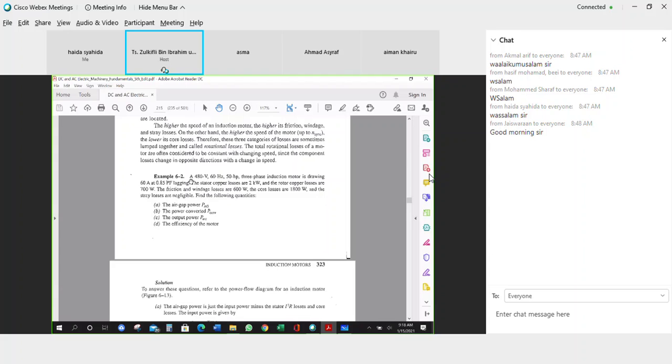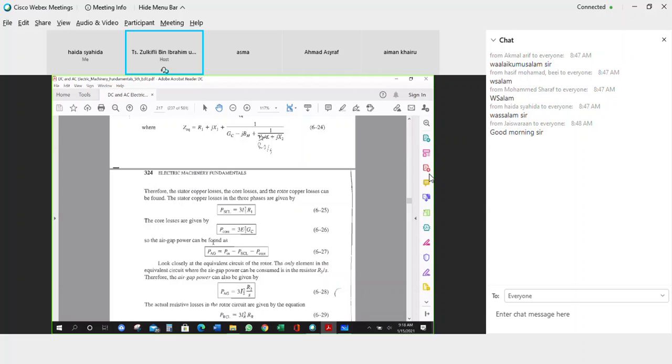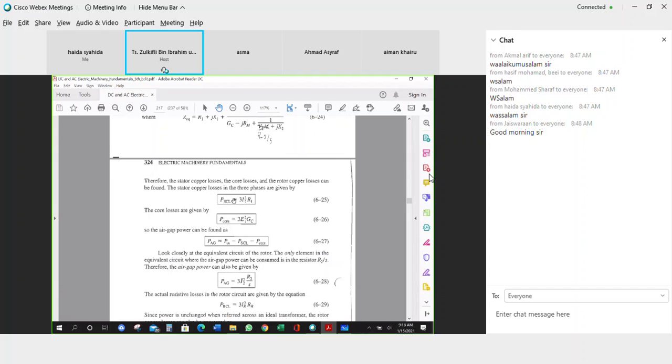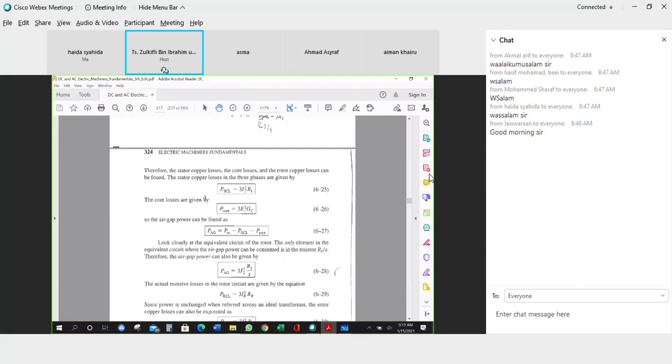Okay, this is the formula for how we can calculate the stator copper losses when we have the current, just like now we have 60 ampere, so we can use this to calculate. And the core losses are given by the induced voltage and by G, the core loss constant.